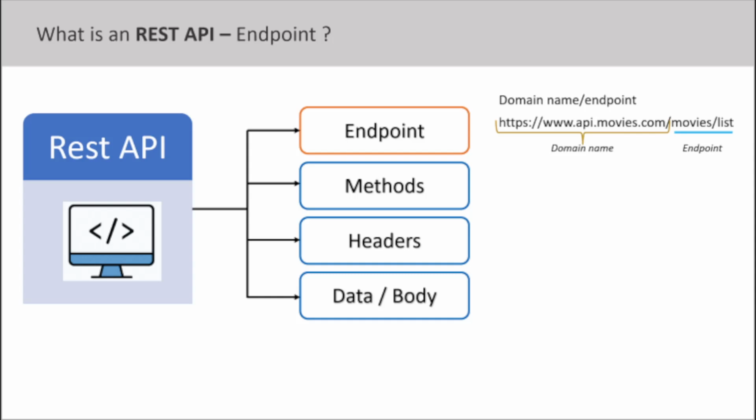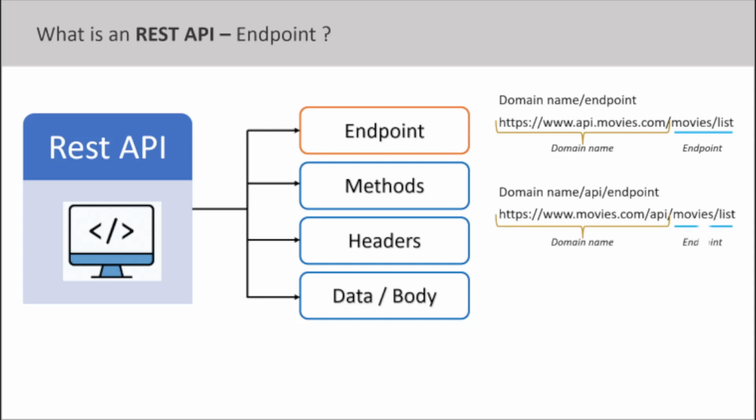Similarly, the second structure that we generally follow is your domain name slash api slash your endpoint of your choice. And here also in this example, the first part is the domain name and the second one is the endpoint. So when you hit that address, you expect something specific, like a user list or product info.